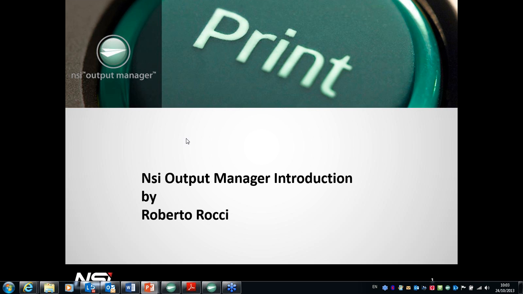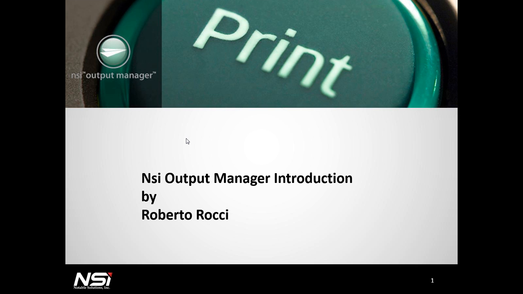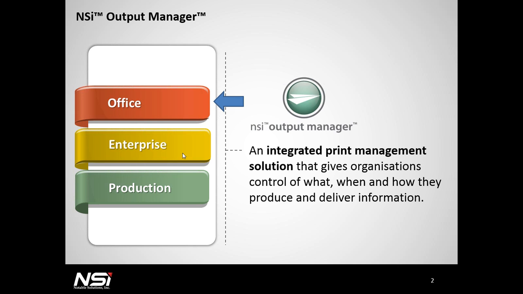So this is a sales presentation, so we won't look at the product, but we'll look at the details of some of the functionality in more detail. The first question is, of course, what is Output Manager? Output Manager is an integrated output management system that gives companies control over what's being printed by whom and where and so forth. So it's a connectivity tool which connects to all the different environments, whether it's an office, a print room, a CAD, or maybe a data center, a production environment.